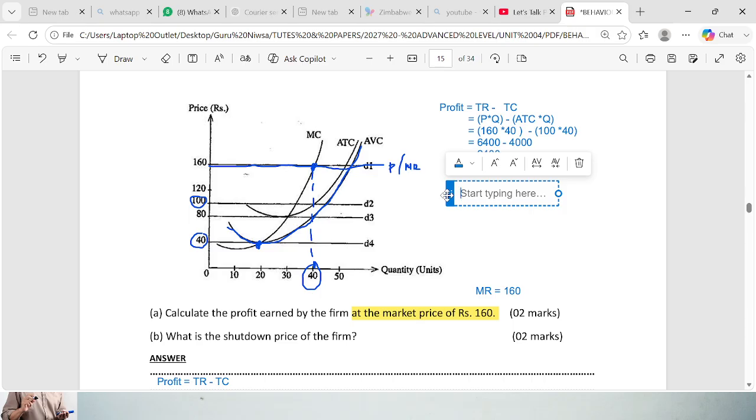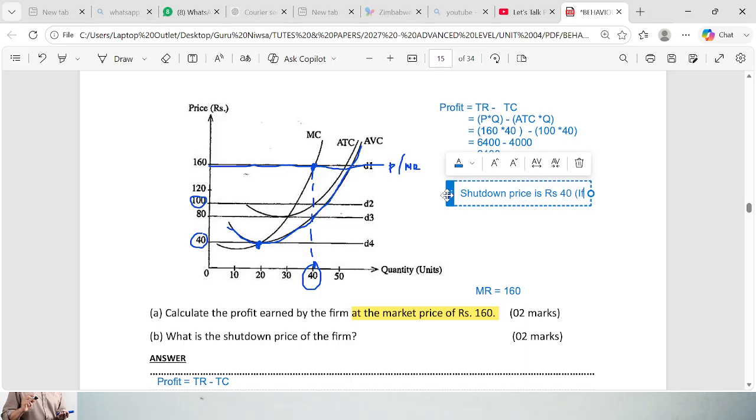So we can say the shutdown price is 40 rupees.